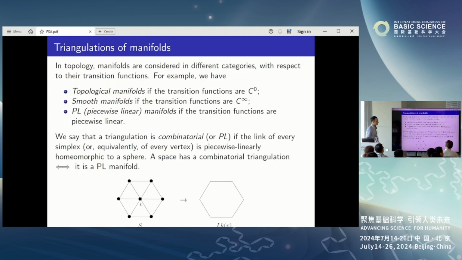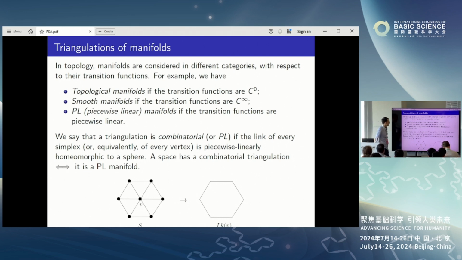Okay, so what spaces do we study in topology? The most popular ones are manifolds, and there are 3 kinds of manifolds that topologists study. Topological manifolds, which are just spaces that locally are like Rn. So the transition functions, you don't have to define them, but they're just continuous.